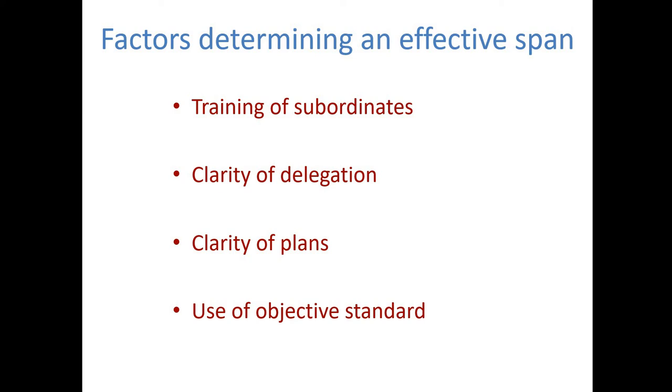Second is clarity of delegation. If it is a wide span, it is obvious that you will have to delegate somewhere or the other. So if you can delegate properly, if your subordinate understands this delegation properly, then it is easy to have a wide span.